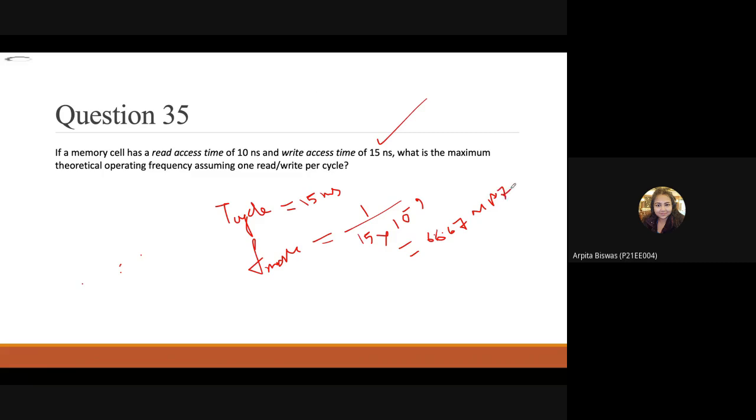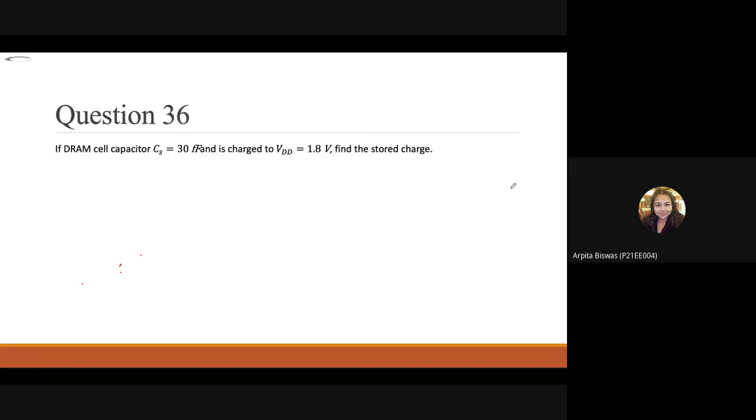One more question I have taken. If the DRAM cell capacitor CS equals 30 femtofarad and it is charged to VDD of 1.8 volt, find the stored charge. So how to calculate the stored charge if the capacitance value is given? Just directly multiply the capacitance value with the VDD.